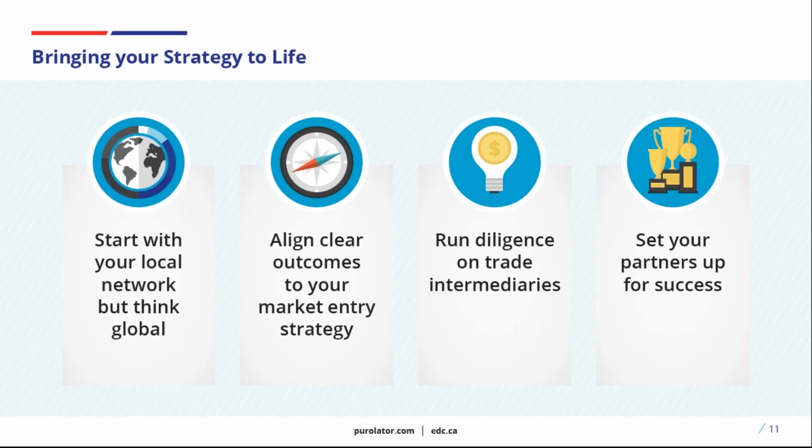The other critical piece to working with intermediaries is running diligence. There's lots of organizations that you can refer to run diligence. But you can also run some of your own diligence, and the basic best practice is asking for customer testimonials, especially if you're a B2B type business where it's not as easy to just look at what customers are saying online about a product or a business.